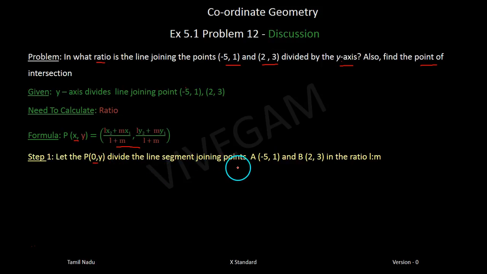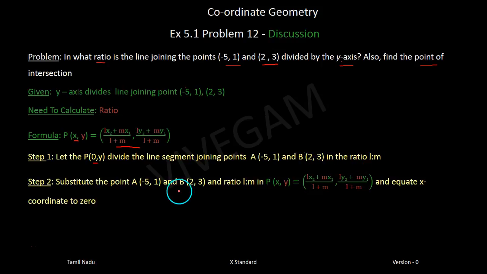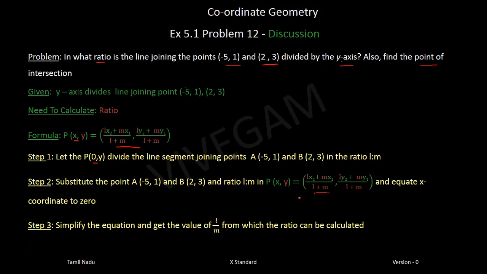Divide the line segment joining the points A (-5, 1) and B (2, 3) in the ratio of L is to M. Substitute A (x1, y1), B (x2, y2) and L is to M in the formula and equate the x-coordinate to 0, because the point is lying on the y-axis, and once you do that, you will be able to calculate the values of L and M. After this, one part of the problem is done. We have already found the ratio. Now we have to find the point of intersection.